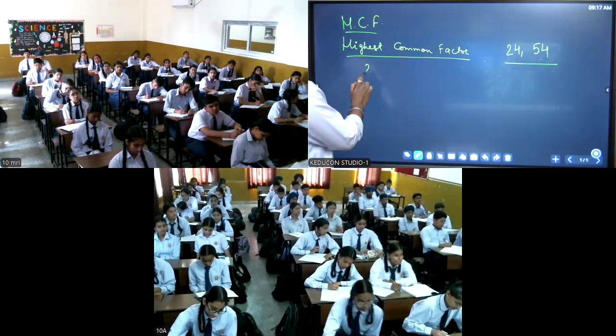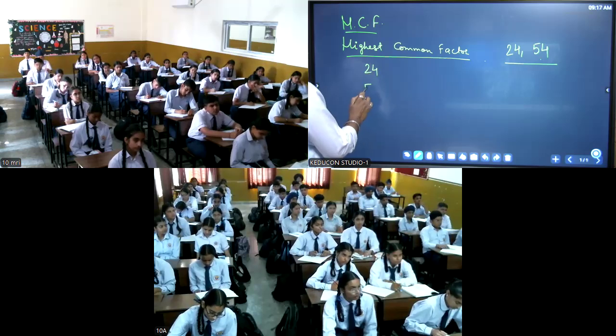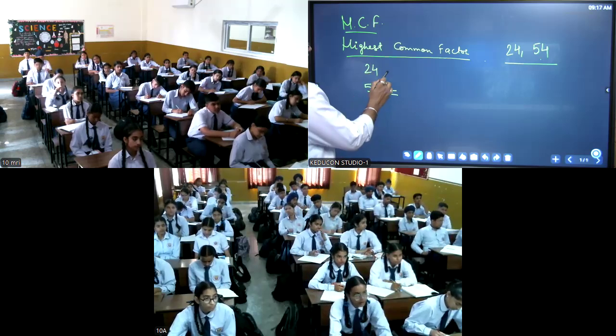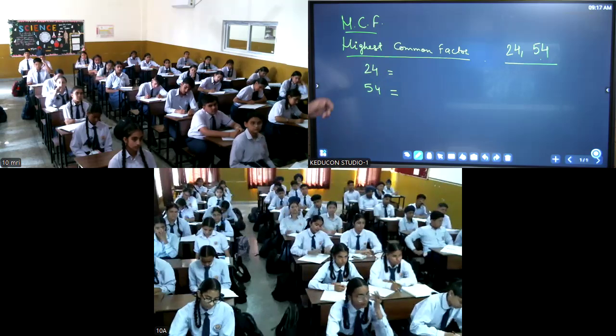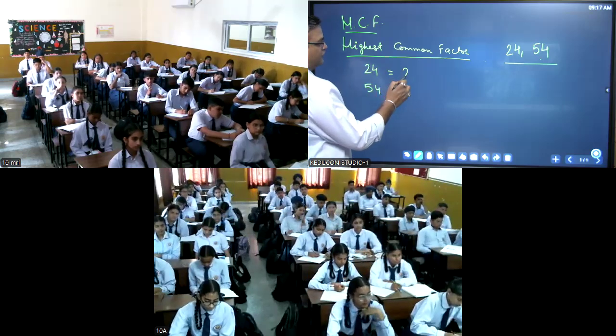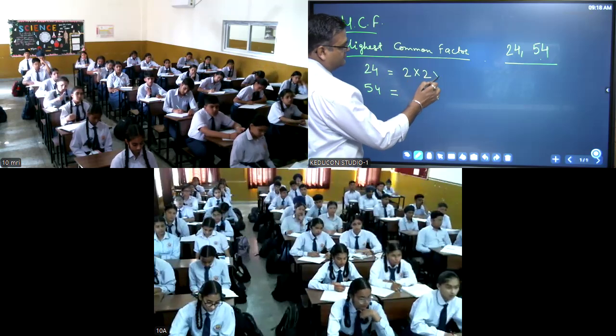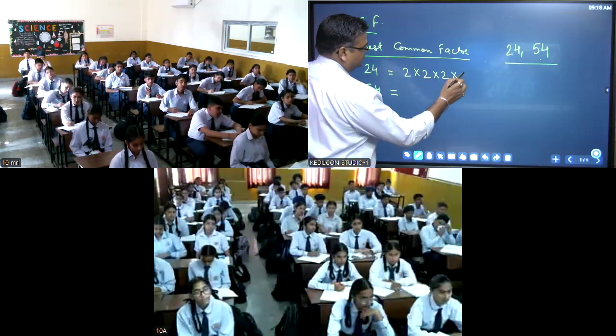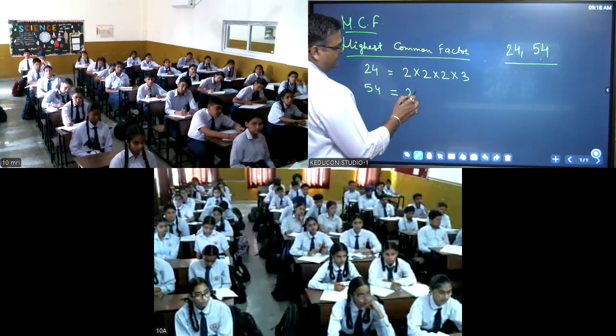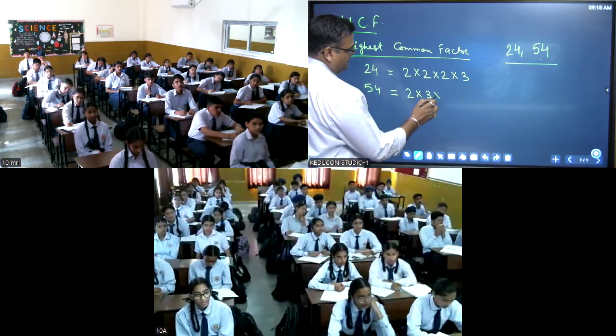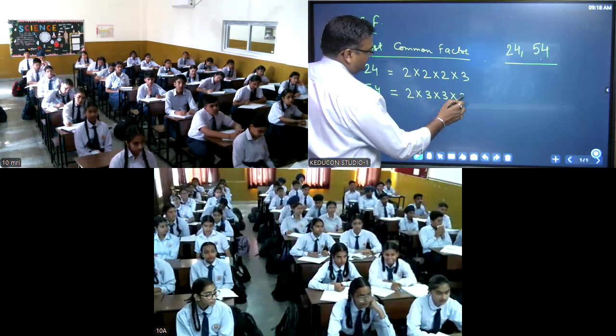We have done the prime factors of these two numbers. What was the prime factor of 24? 2 into 2 into 2 into 3. And here 2 into 3 into 3 into 3.